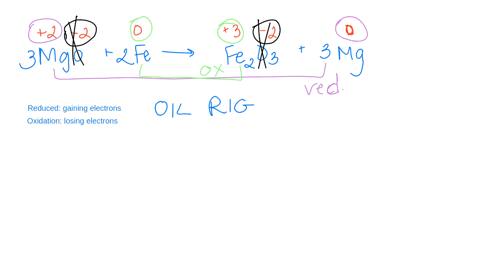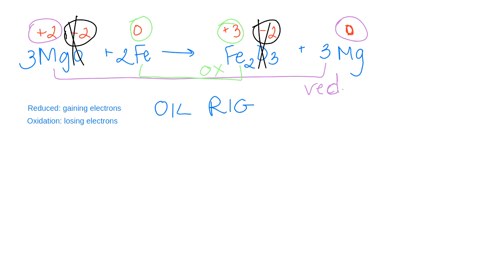So we've determined what has been oxidized and what has been reduced. Now we're going to write half reactions. And for a half reaction, that just means that we're writing only the oxidation or only the reduction. So we're just writing half of our total reaction.